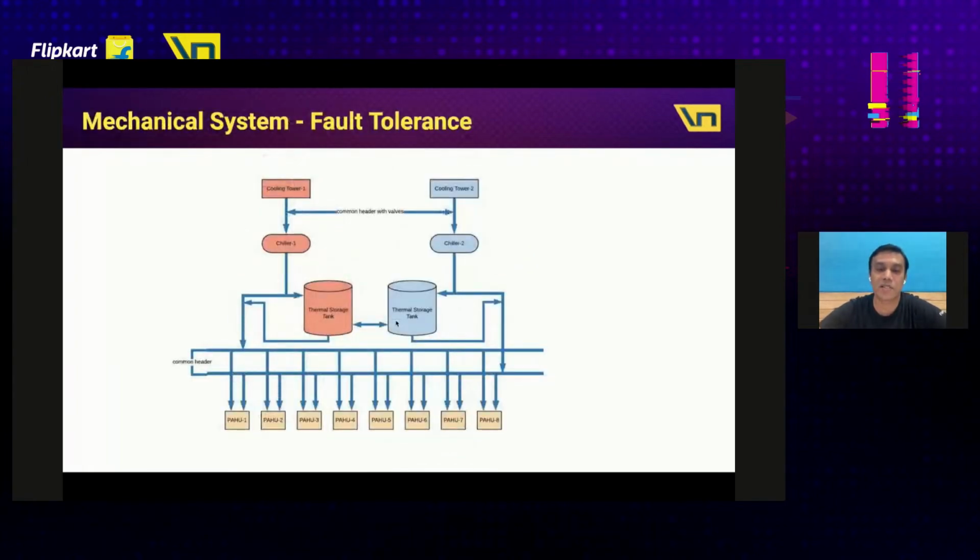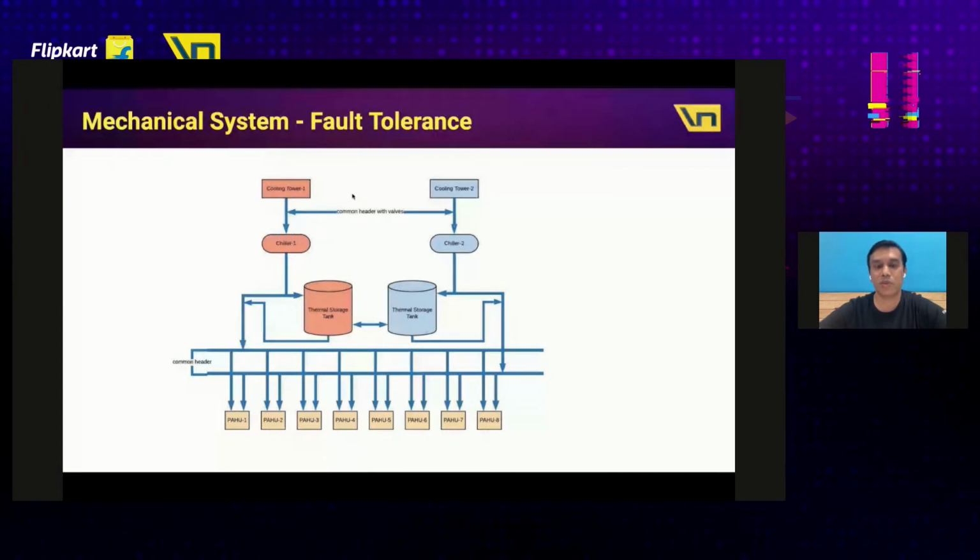Going to the mechanical system, this is a heating, ventilation, and air conditioning system. It consists of a cooling tower, a chiller, a thermal storage tank, and pipes which connect to the precision air handling units residing in the server room. Each of these components is again redundant; we have 2N, or two times the components required to cool down the server rooms.